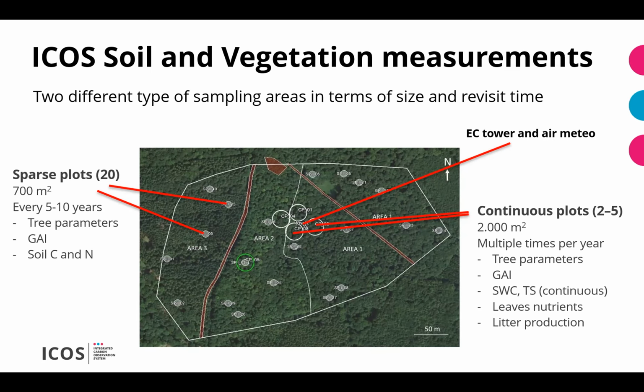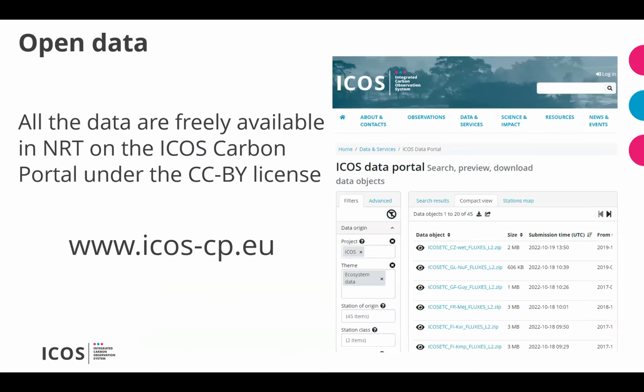We also have sampling campaigns every year for leaf nutrients, in particular 9 elements, including, of course, carbon and nitrogen, and also soil sampling every 10 years to monitor the evolution of soil organic carbon and nitrogen up to 1 meter depth. As I said, everything is open access.